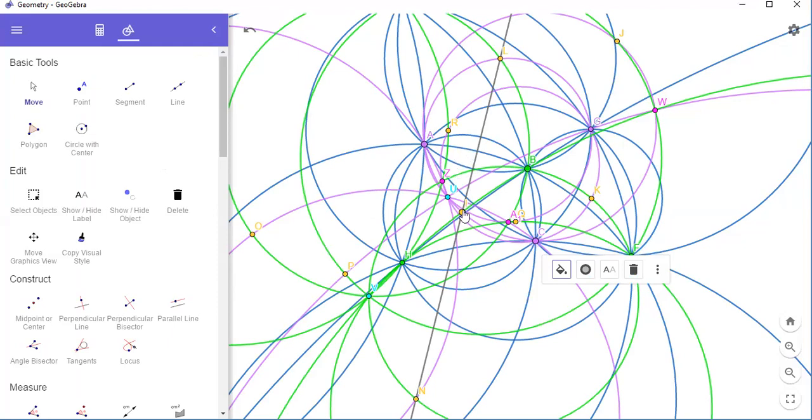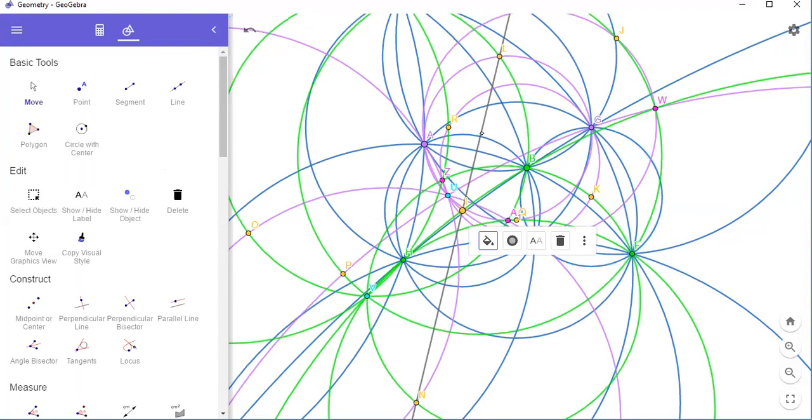Now, if you look at the centers on that circle, we have the one at I, and the other center is at J up here.